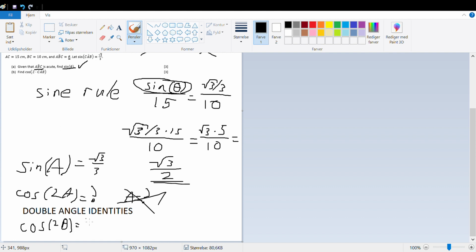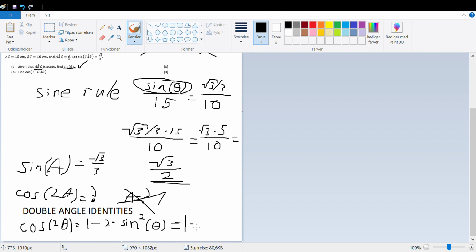You have one that looks like this. 1 minus 2 times sine squared, as in you take the sine of an angle and then multiply it with the sine of the angle. I think that this is the way that it works. Let's try and examine if it does.